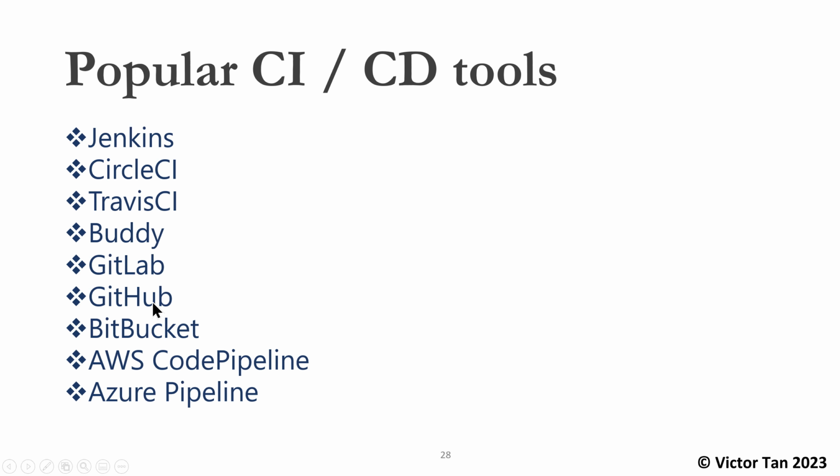And then you have GitLab, GitHub, Bitbucket. All these three are actually Git cloud hosting services. They're not really CI/CD tools, but they originally started off as just hosting a Git repository in the cloud. Of course, over time, they have expanded and have additional functionality.